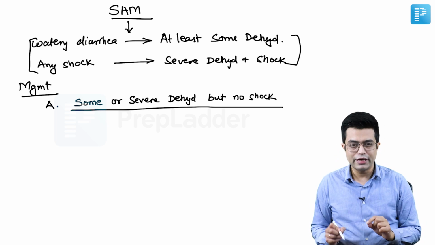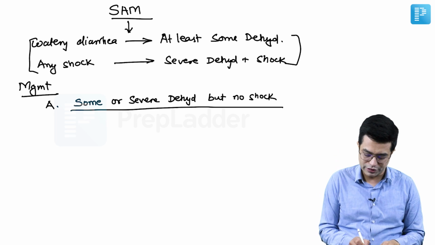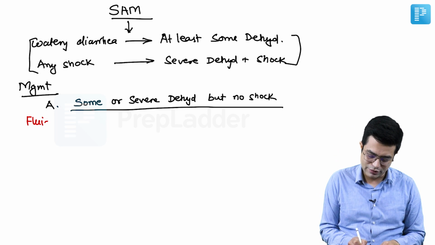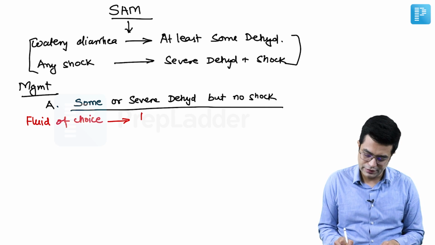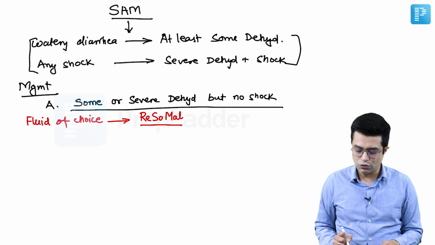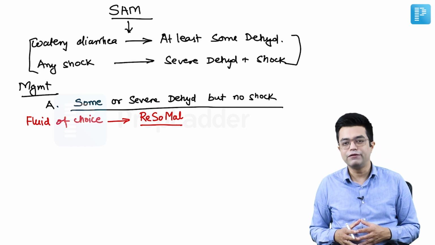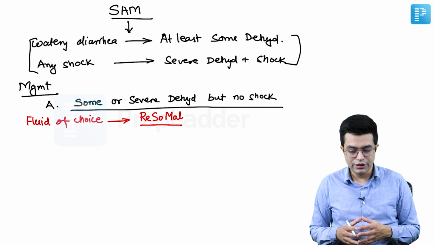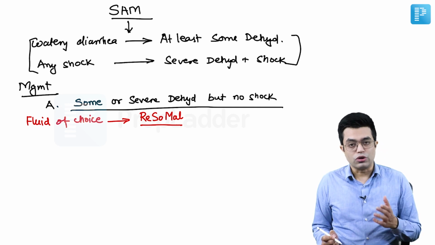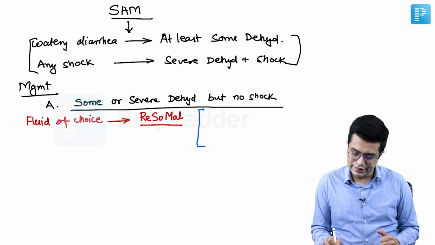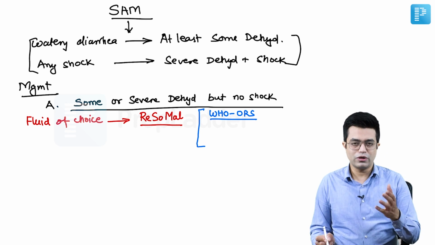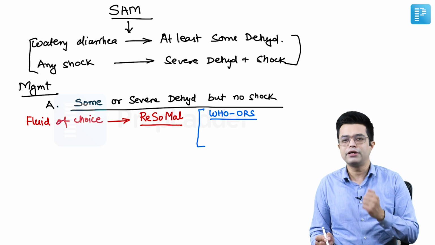So in some or severe dehydration, what will be the fluid of choice? The fluid of choice in these patients will be Resomal, rehydration solution for malnutrition. Now the problem is Resomal is not commercially available. So how are you going to use it? You are going to prepare it yourself. So what we do is, we take the normal WHO ORS packet, which is to be diluted in 1 liter of water.